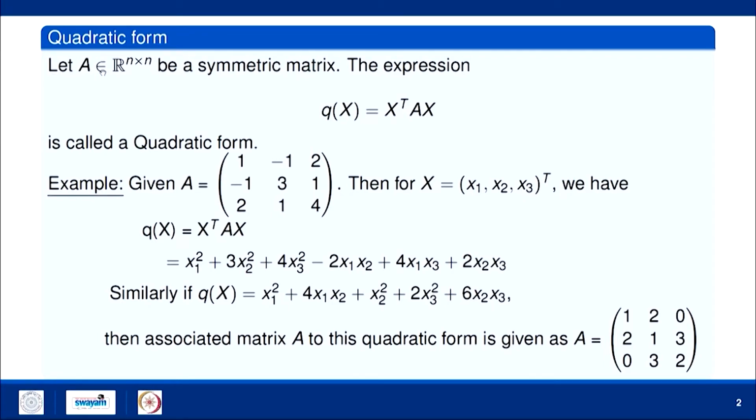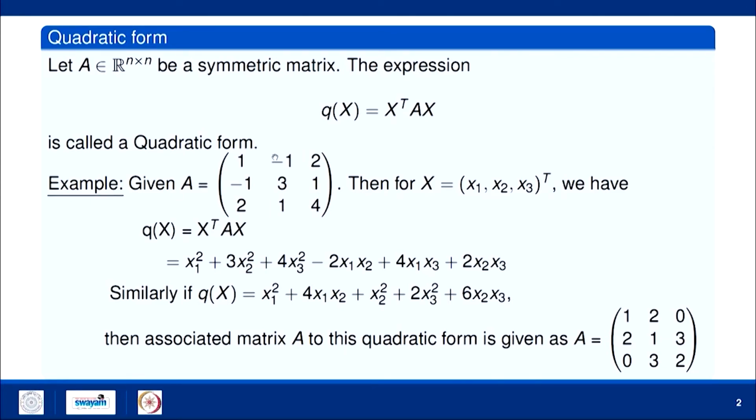Let A be an n by n real matrix which is also symmetric, and let x be an n-dimensional vector. Then the expression q(x) equals x transpose A x is said to be the quadratic form associated with matrix A. For example, you have this particular matrix, a 3 by 3 symmetric matrix.